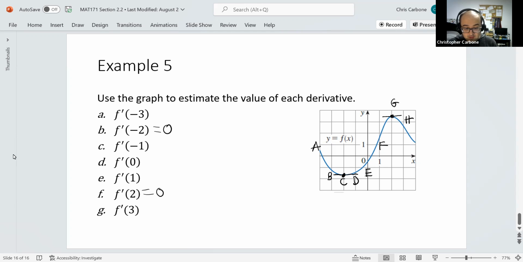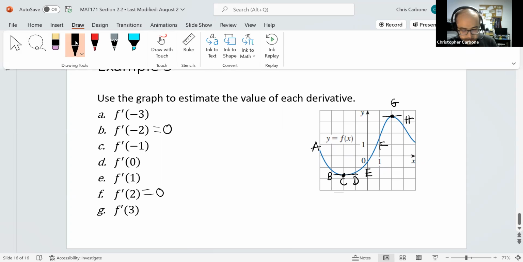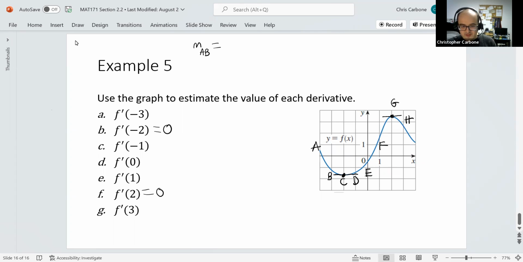So the slope of A to B. I need to give you the points first.